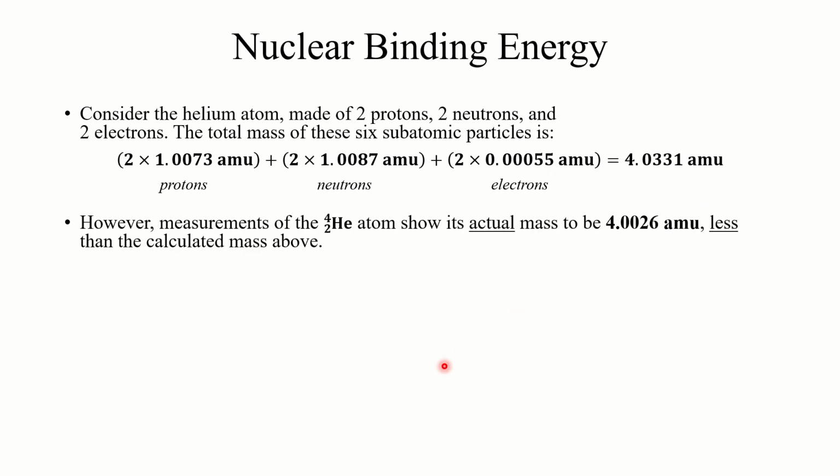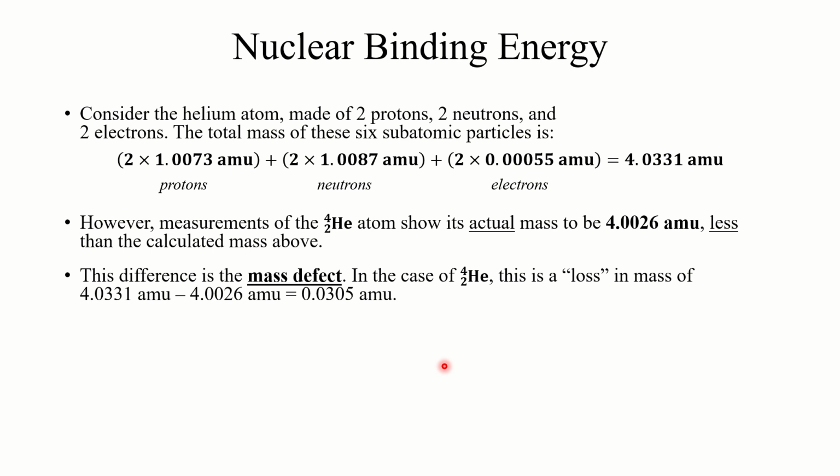However, when measurements of the helium atom are made, they show that the actual mass is 4.0026 AMU, which is less than the calculated mass above. So where does this mass go? This difference is referred to as the mass defect. In the case of helium, this is the expected mass of 4.0331 AMU minus the actual mass of 4.0026 AMU, giving a mass defect of 0.0305 AMU.